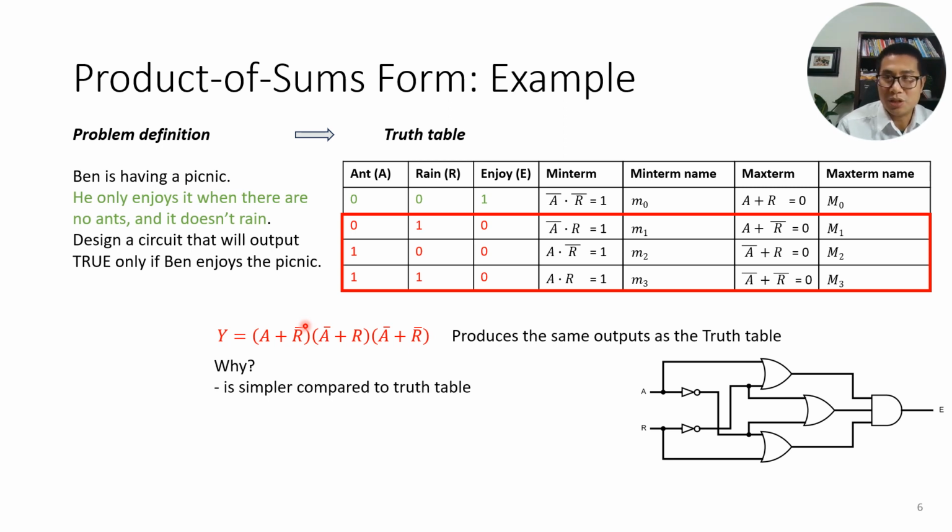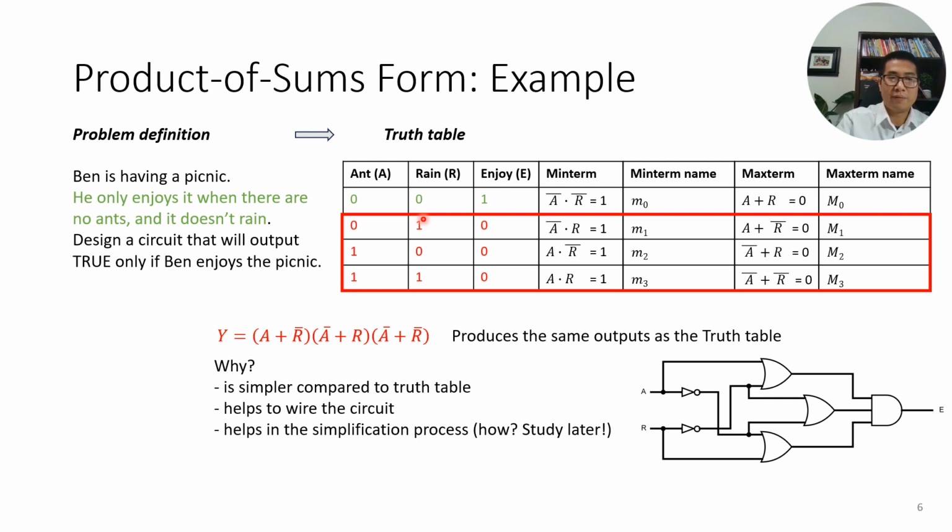Again, the same concept that we learned before: it is simpler. This one is somehow still simpler than the truth table. We have to wire the circuits and also do the simplifications.